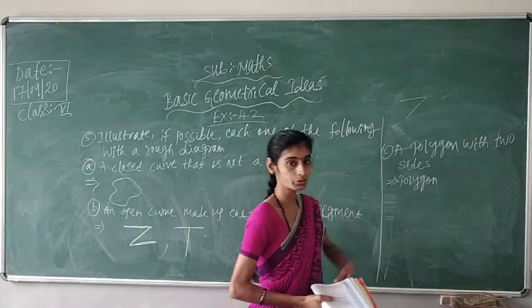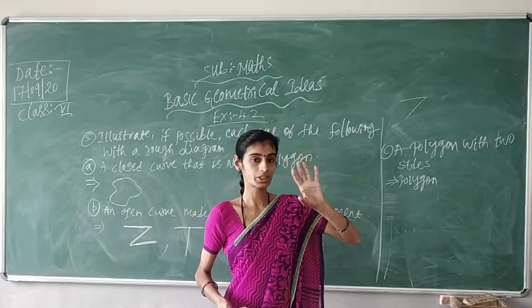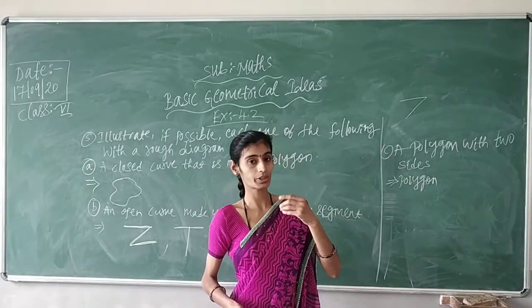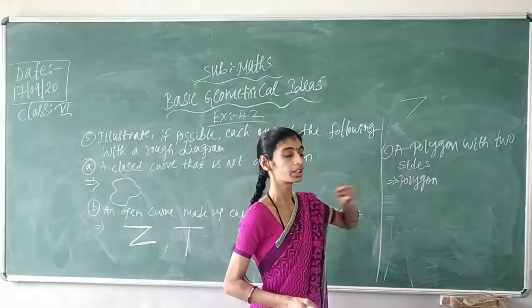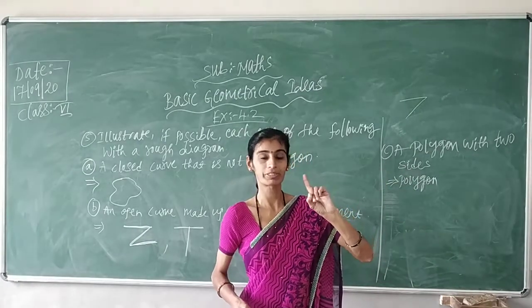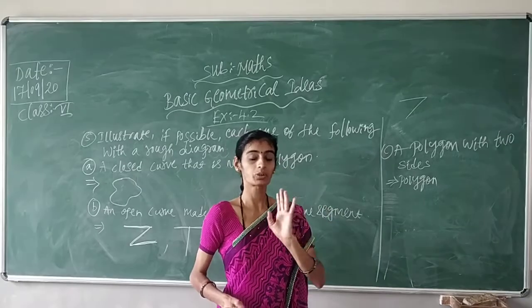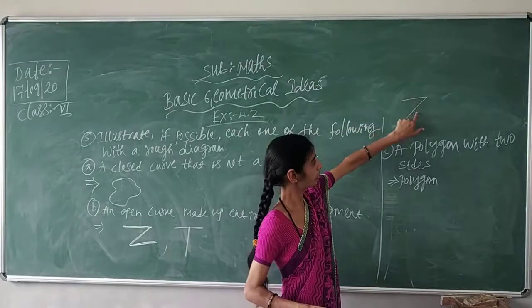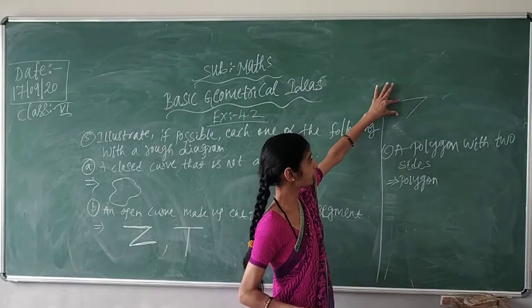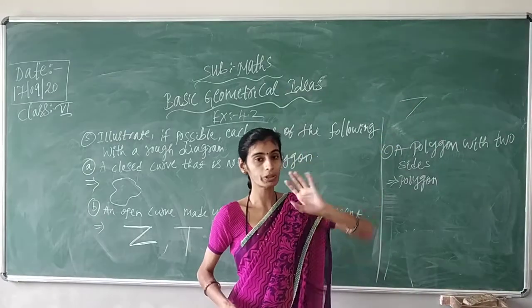And one more point for the polygon is that it should be closed. I have given you the definition very clearly, children. You can refer to the definition. The points related to a polygon: firstly, it should be made up of line segments and it should be a closed figure. Then only we say it is a polygon. If I use two sides, will it become a closed figure? No, you all can say it becomes an open figure.